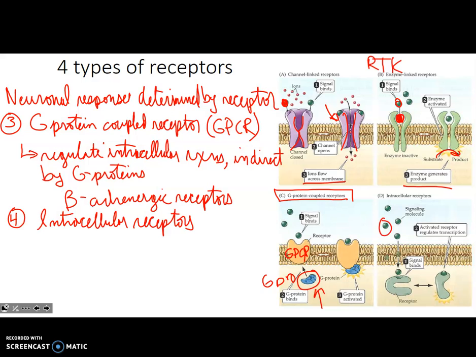In this case, these signaling molecules are able to move, typically through diffusion, right through the cell membrane. And the receptor is often in the cytoplasm, okay? So intracellular, within, right? So this requires cell permeant ligands, so cell permeable ligands.